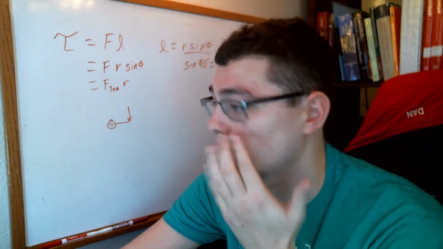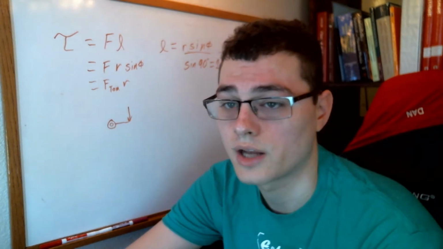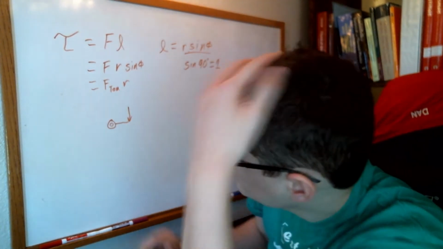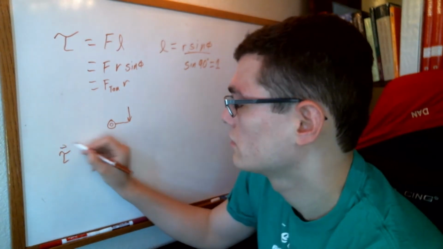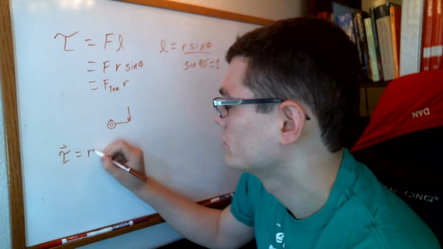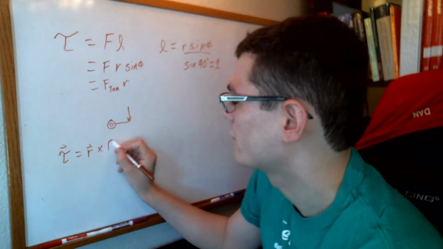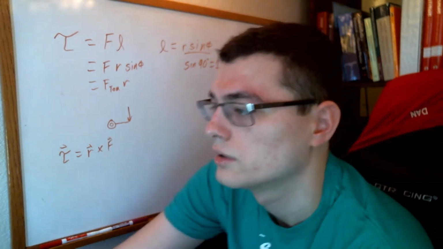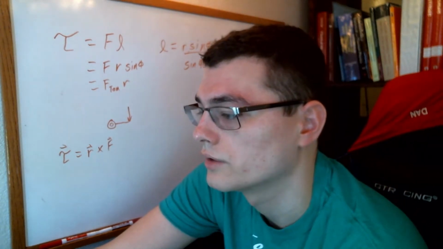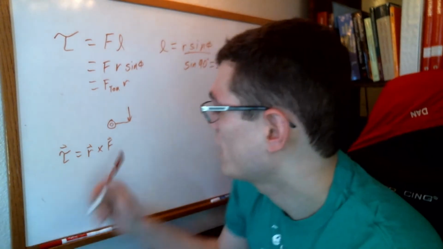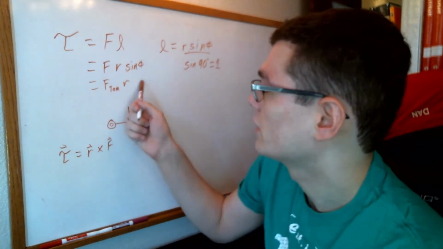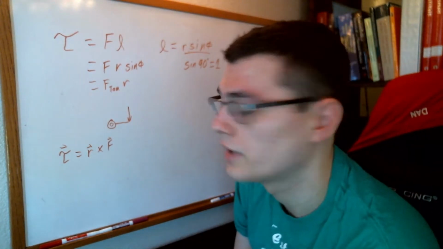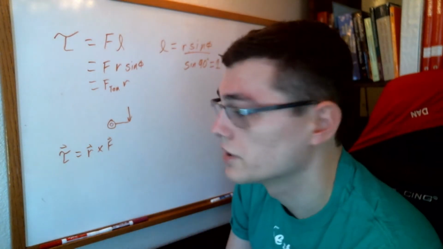This is the algebraic way to look at it, but now let's look at it like a vector. In this case, we're going to have torque as a vector, and so tau is going to be equal to R cross F. You can see that when you expand these two and use the cross product, you'll get that sine phi back out, and that's how we produce this.